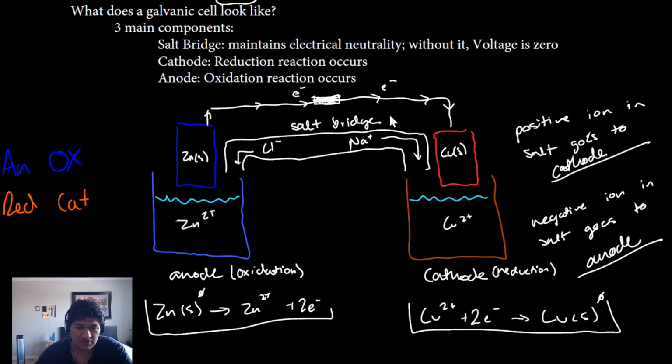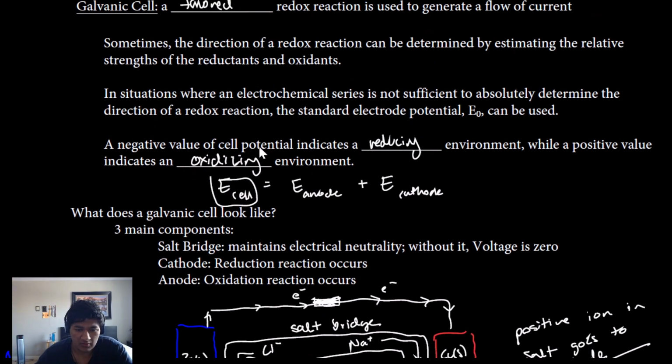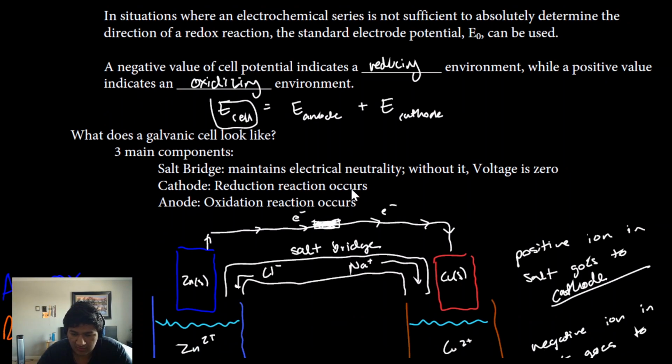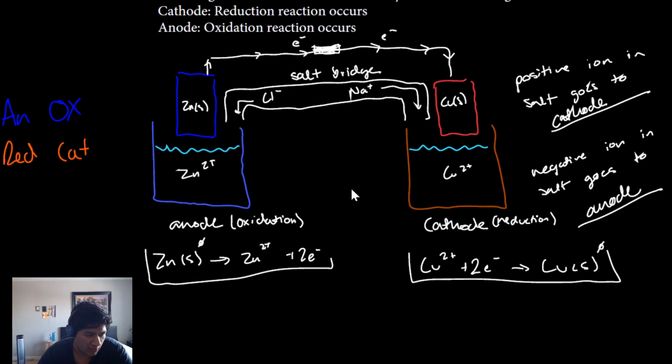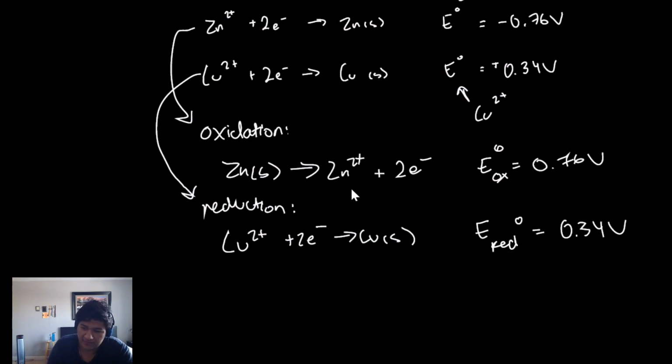The cell potential is equal to the anode, or basically what's happening, the oxidizing potential, plus the reducing potential. And if we just scroll back down over here, look what we have. We have what's happening at the anode, and we have what's happening at the cathode.